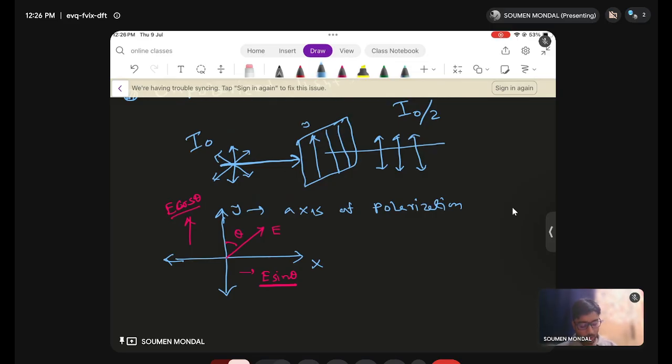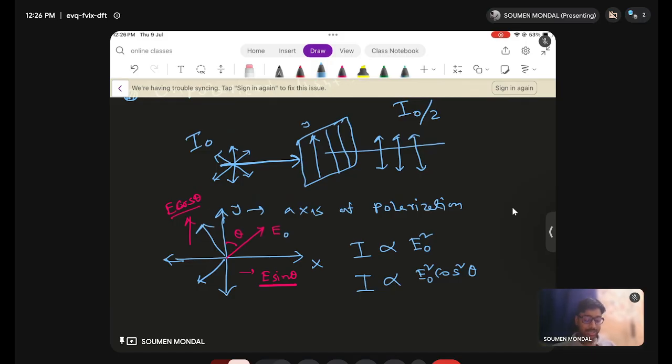Now if there are all possible electric field vectors, the component along the y axis will survive, and we take an average of it. We know intensity is proportional to the electric field squared. So intensity will be proportional to E naught squared cos squared theta, where E naught is the amplitude of the electric field.